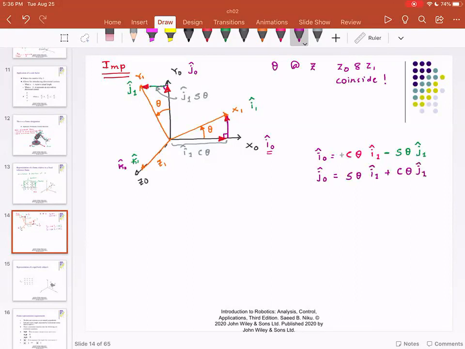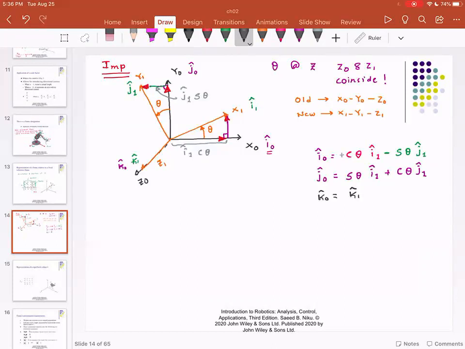So what it means is I have represented this old coordinate frame, x0, y0, z0, in terms of the new coordinate frame, x1, y1, z1, with this transformation. So I can write this, and check this out, k0 is equal to k1. This equation is super important.